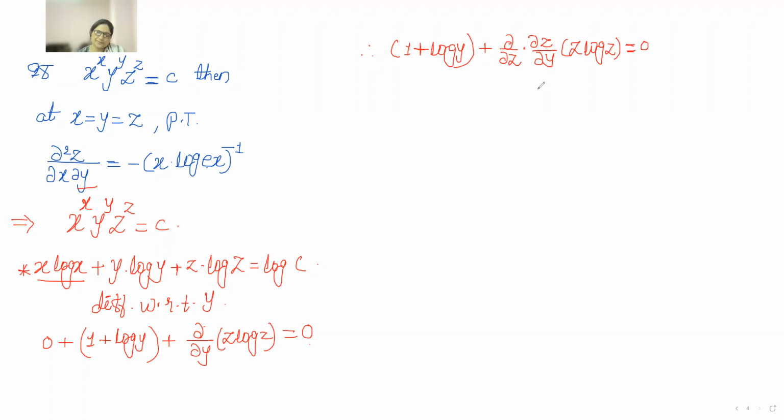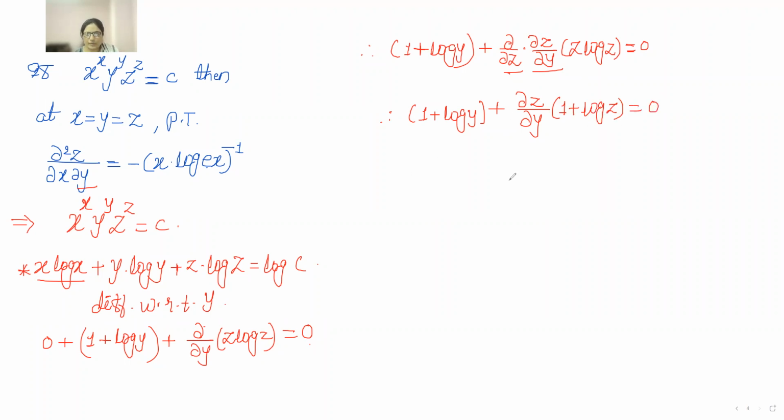We can write that, right? So here, therefore, 1 plus log y plus dou z by dou y into the derivative of z log z with respect to z, that will be 1 plus log z, is equal to 0.